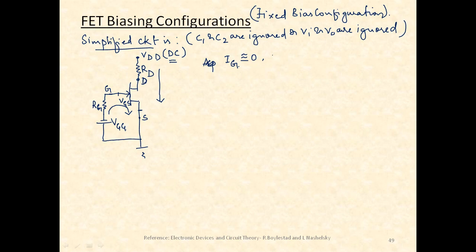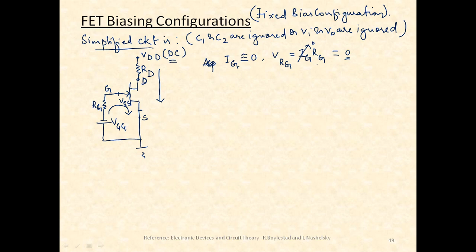So if IG equal to 0, then on observing the circuit, what should be the voltage across the gate resistor RG? See, the voltage can be given as the gate current multiplied by the gate resistance. Now since IG is 0, then obviously VRG will be equal to 0. What does that mean? The voltage across the gate resistor is 0.